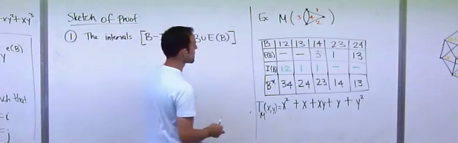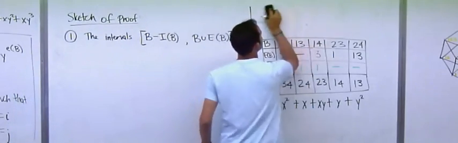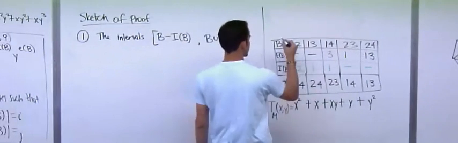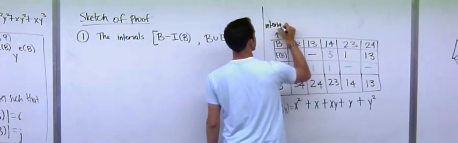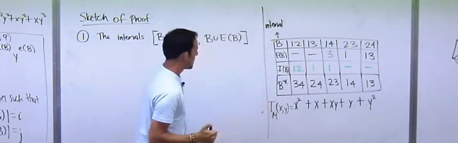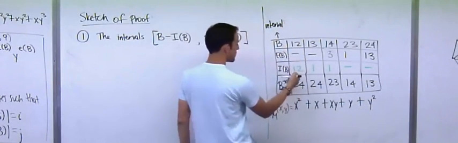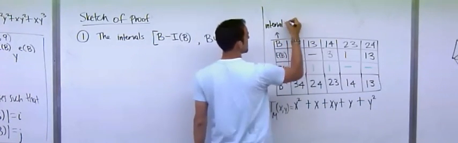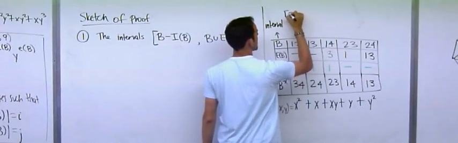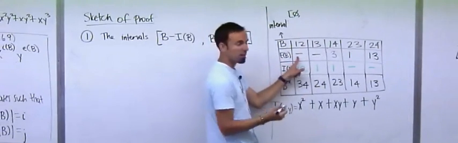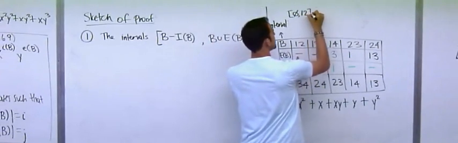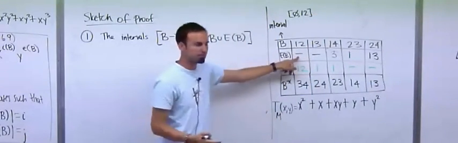So let's do that for these guys. So what is the interval? For the basis 1, 2, you delete the internally active elements, so that gives you the empty set. And you add the externally active elements, there's nothing to add, so you get 1, 2. And that's some interval over there.